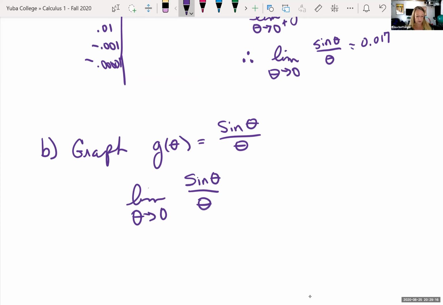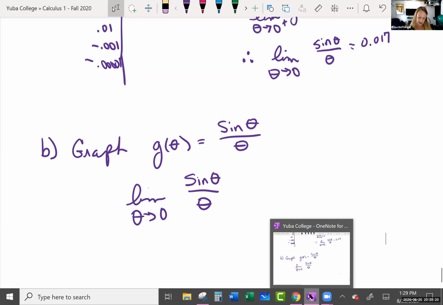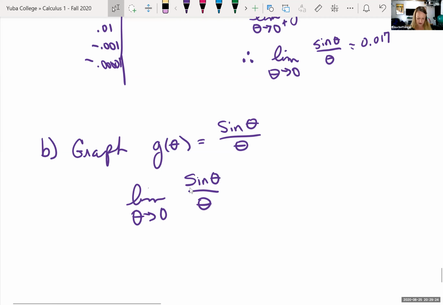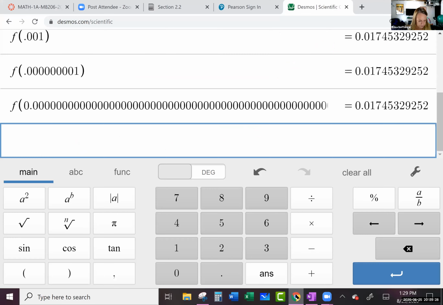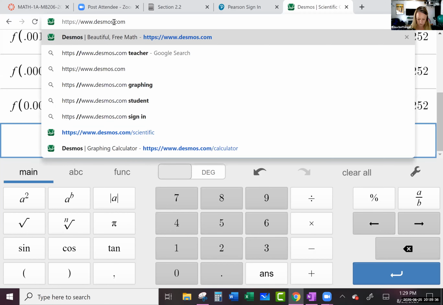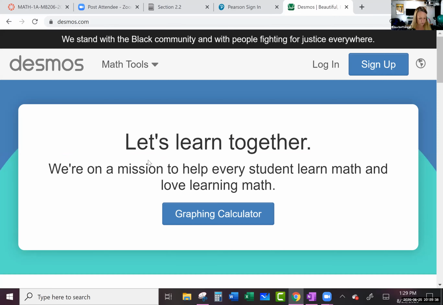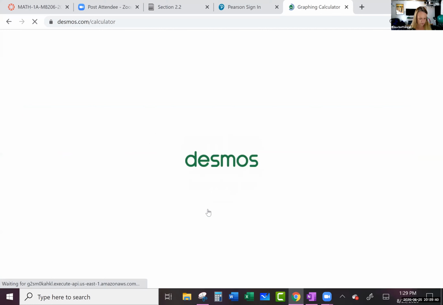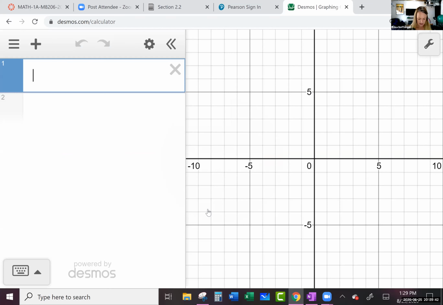Okay, so again, I'm going to pull up this function on Desmos. And we're going to use a different feature, the graphing feature. And so we don't have to put the g of theta in there.